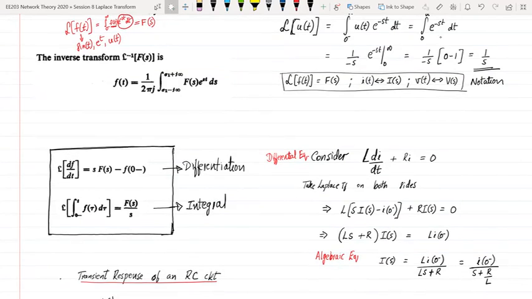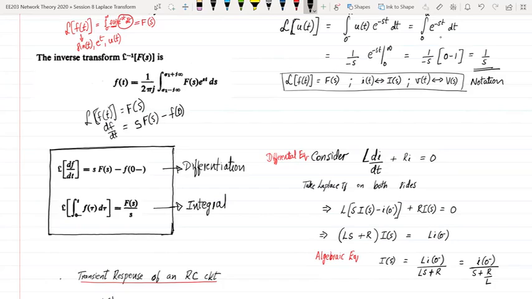Okay, that means I'm taking the Laplace transform of f of t. L of f of t is equal to F of s. So now when I take L of df by dt, that is the same F of s, but multiplied by a prefactor s, minus f of 0.